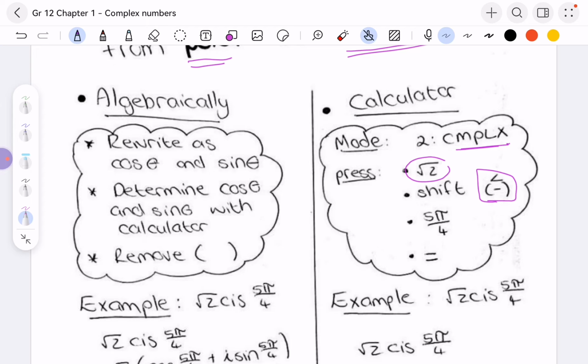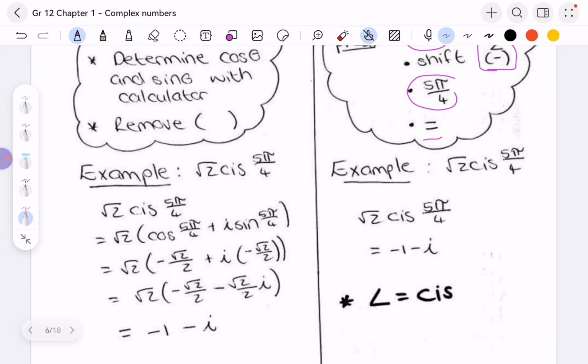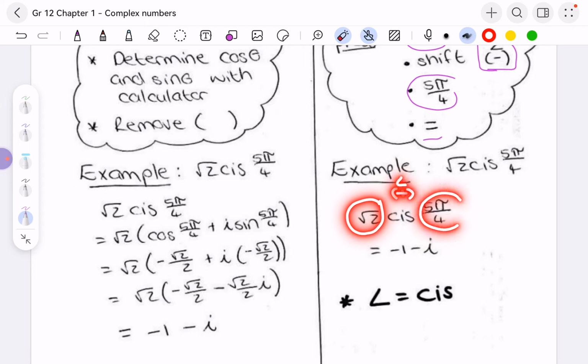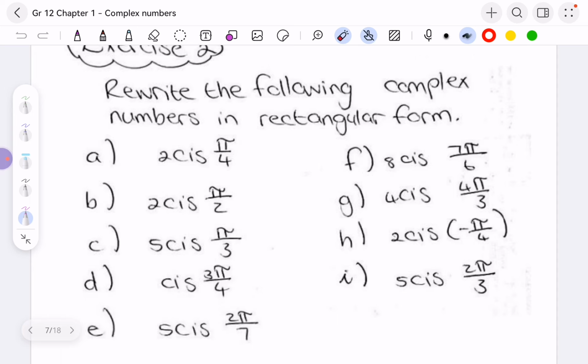Shift that button, and you fill in the angle, equal sign. And your calculator, if it's in complex mode, if you have the white calculator, it will give you the answer. So I put in this, I press that button, I fill in the angle, and it should give you the answer.